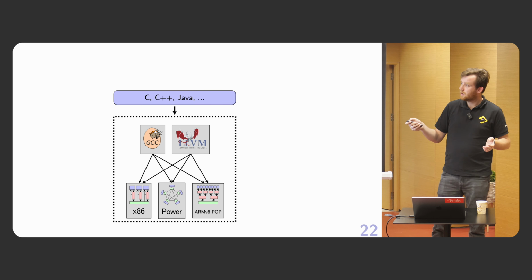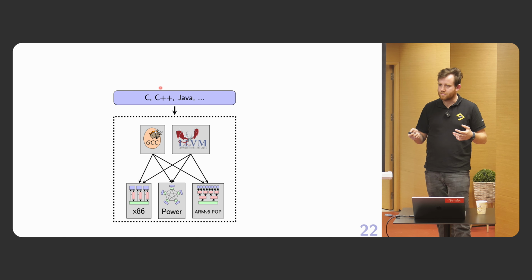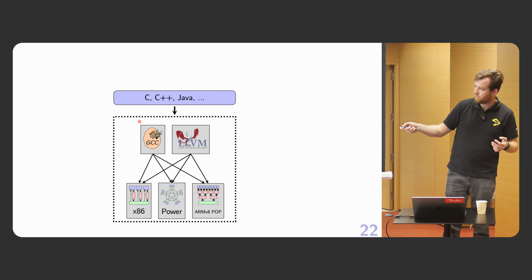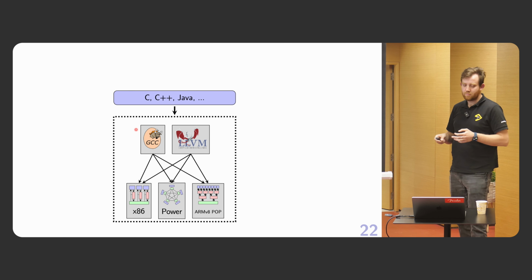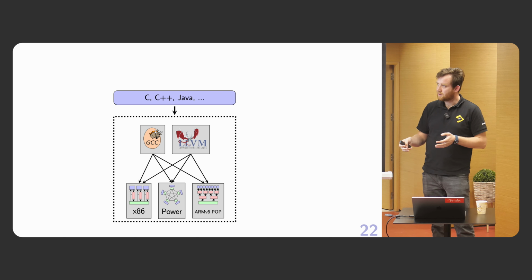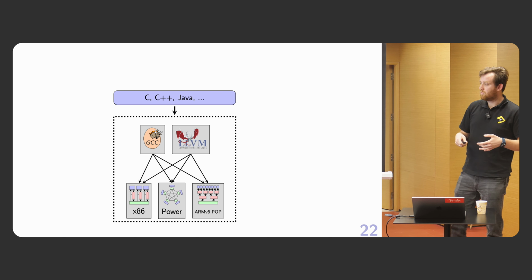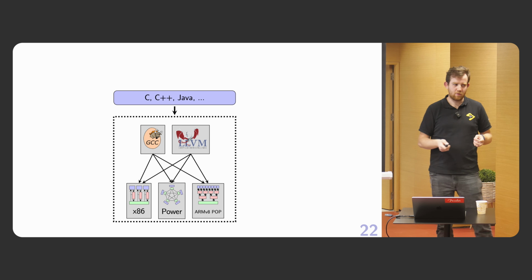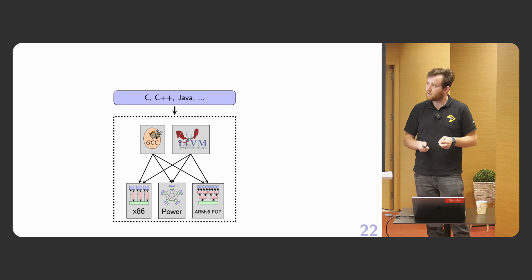Then there are standards of the languages, which have to take into account both compilers and CPU architectures. For example, if you want to compile C++ efficiently to ARM, then C++ should allow more weak behaviors or an equal number of weak behaviors as ARM, as we will see a bit later.